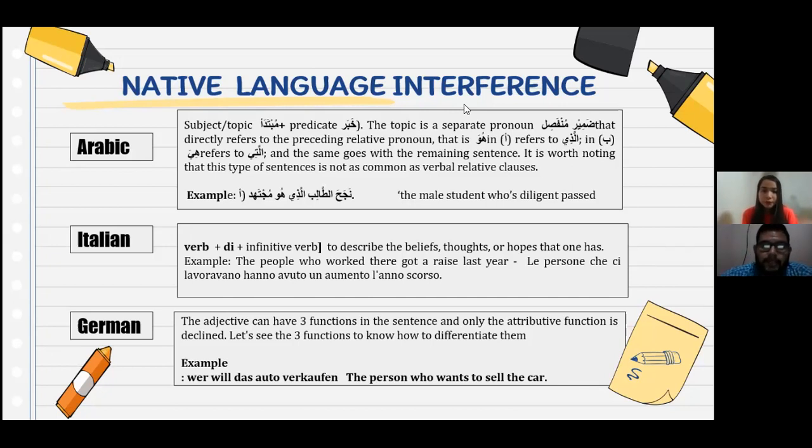In Italian, the verb is in a clause with the infinitive verb, describing beliefs and thoughts or hopes. As an example, "The people who worked there got a raise last year." In this case it is the same structure as English, but there are some changes.